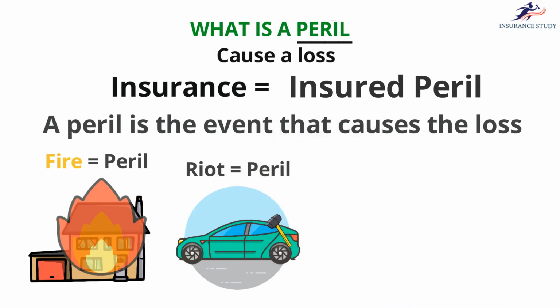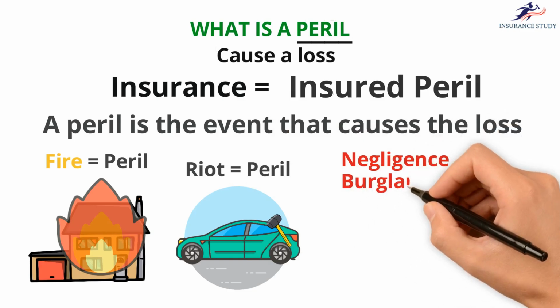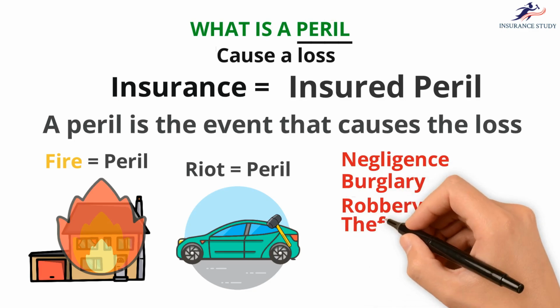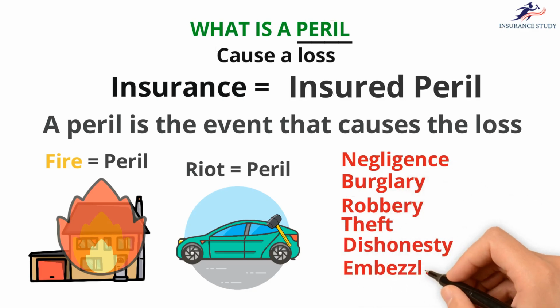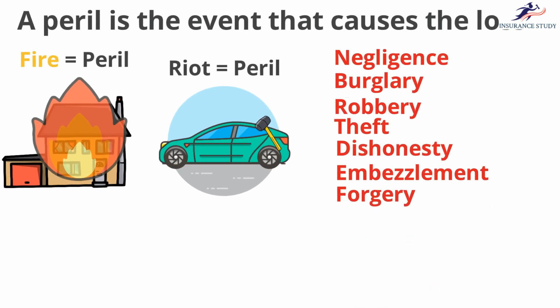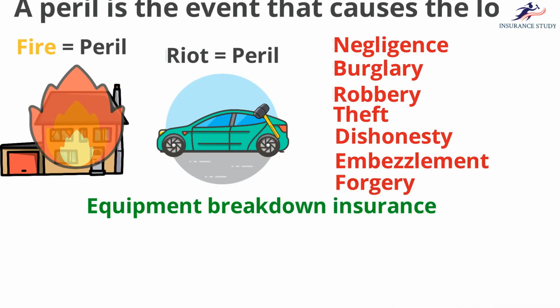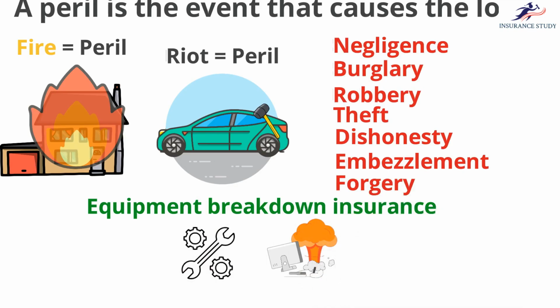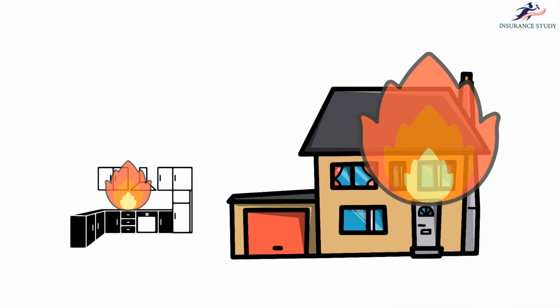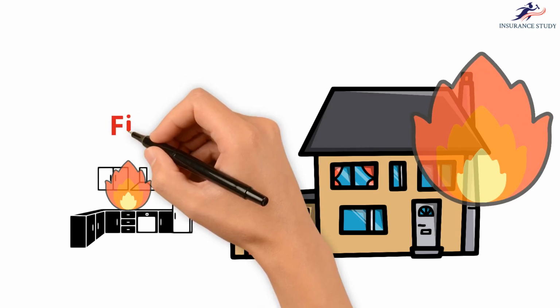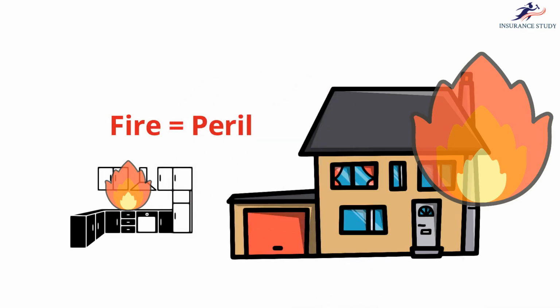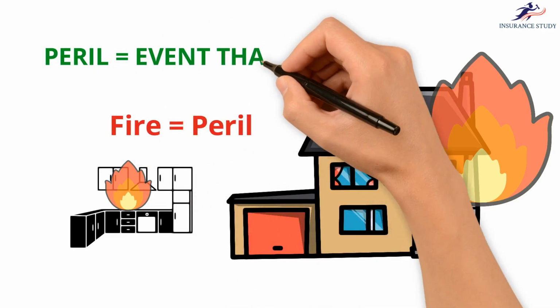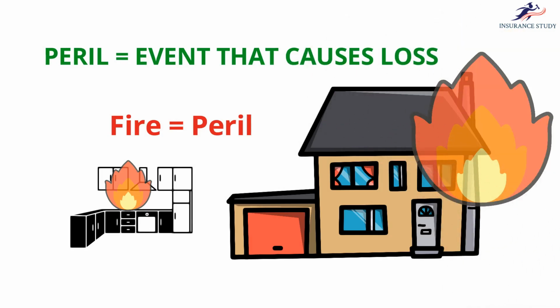The textbook also gives examples involving negligence, burglary, robbery, theft, dishonesty, embezzlement, and forgery. Equipment breakdown insurance covers perils such as breakdown and explosion. Example: suppose a cooking fire starts in a kitchen and spreads through a house. The event causing the property loss is the fire. Fire is equal to peril. Exam tip: remember, peril, event that causes the loss.